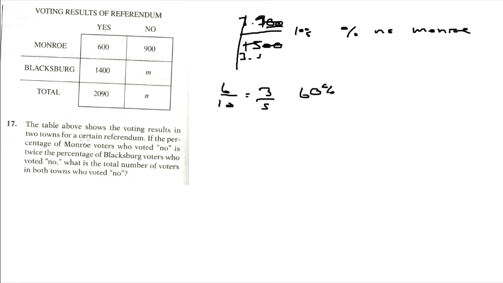So the percentage of Monroe voters who voted no is twice the percentage of Blacksburg voters. That means that Blacksburg is going to be 30% no's.